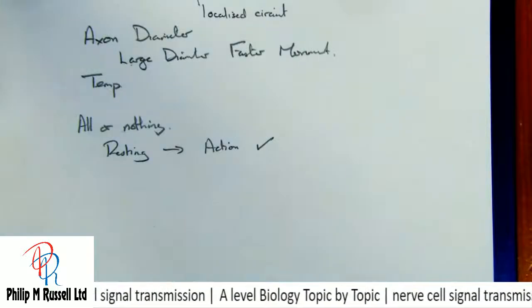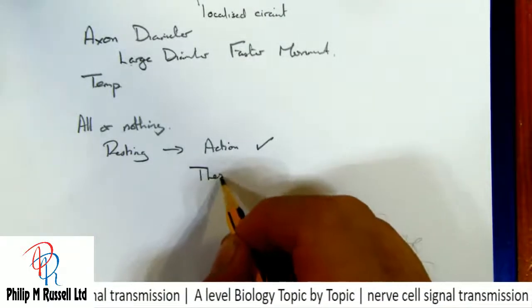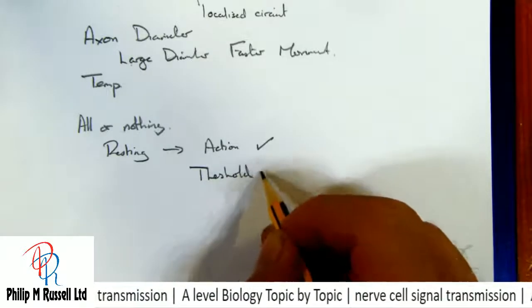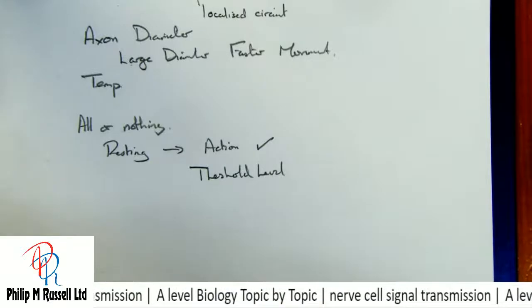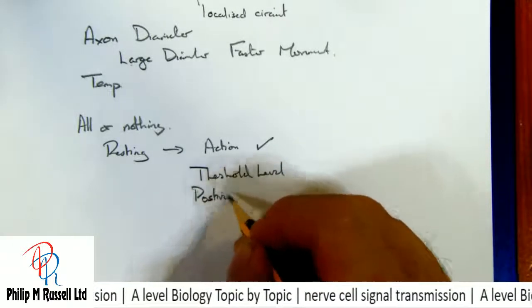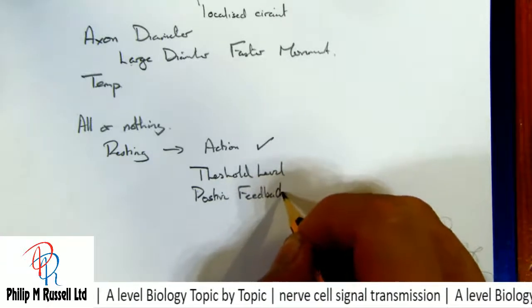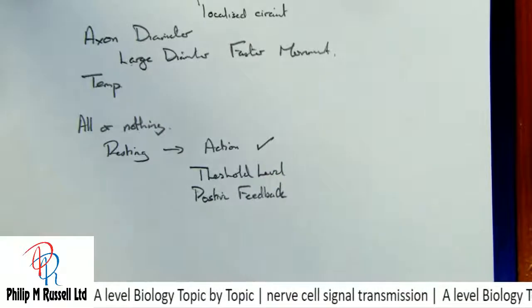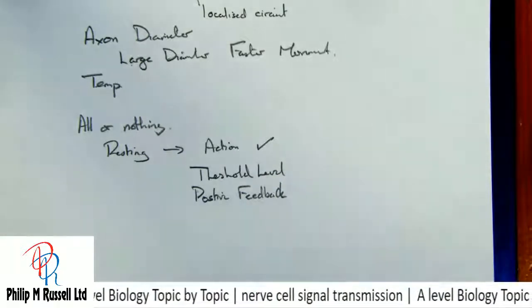A certain level is required, and we'll call this the threshold level. And once we get past this threshold level, then we get this positive feedback. And in that case, we're going to get this system working.